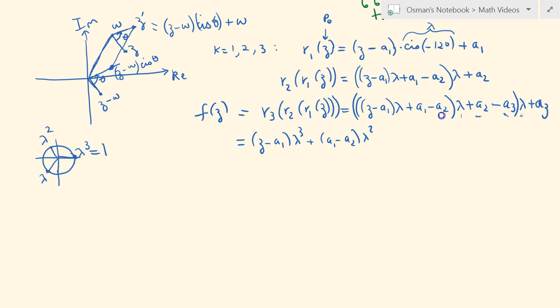And then plus a2 minus a3 times lambda, and finally plus a sub 3. As I claimed earlier, lambda cubed is 1, so this term will come out as 1.